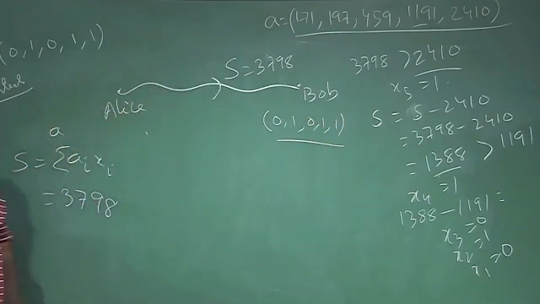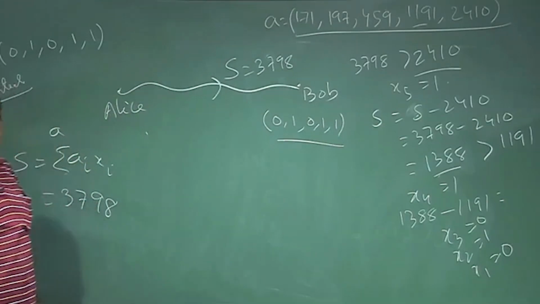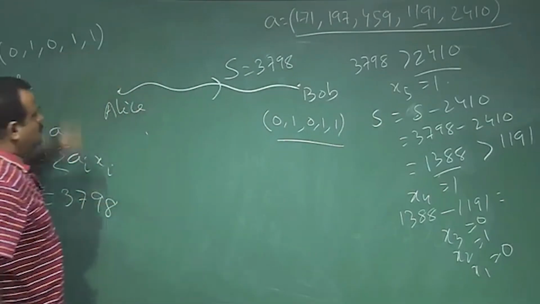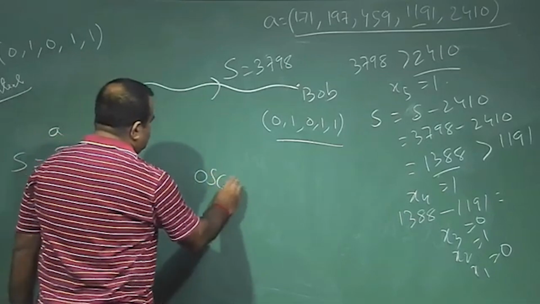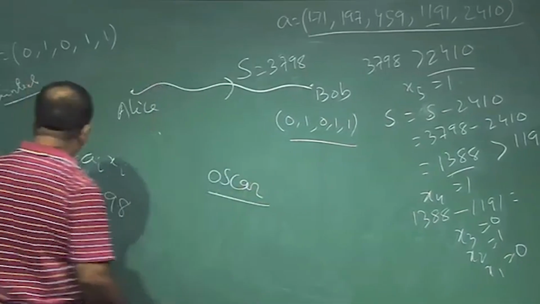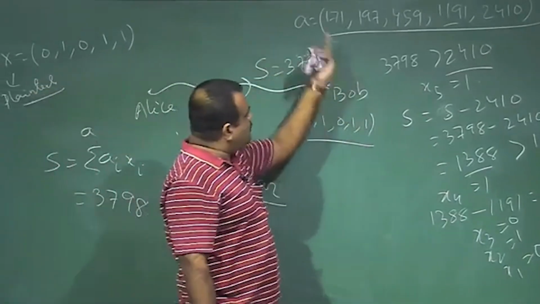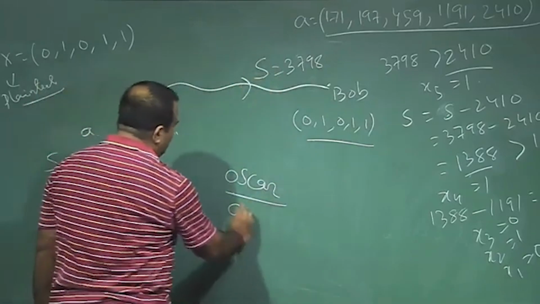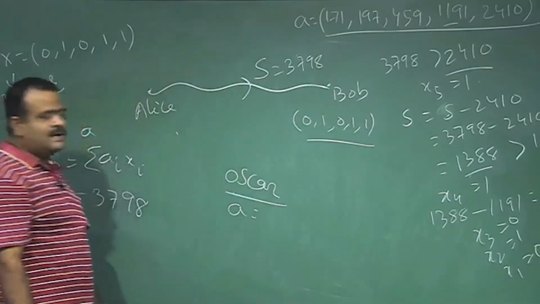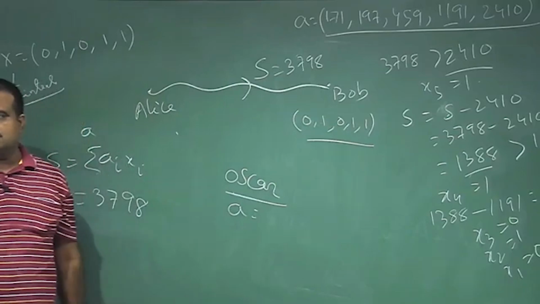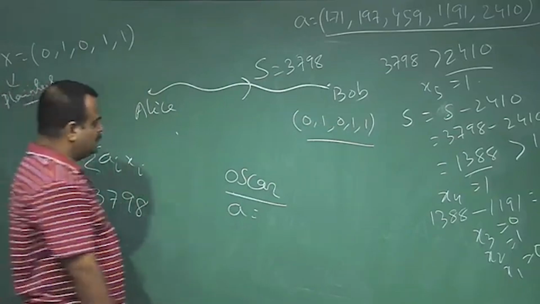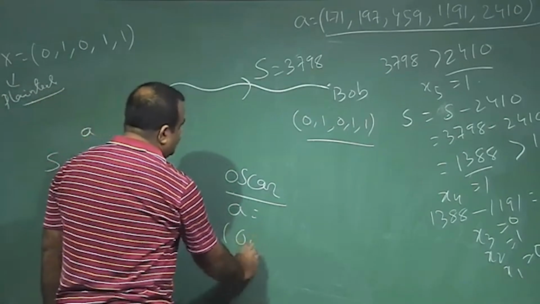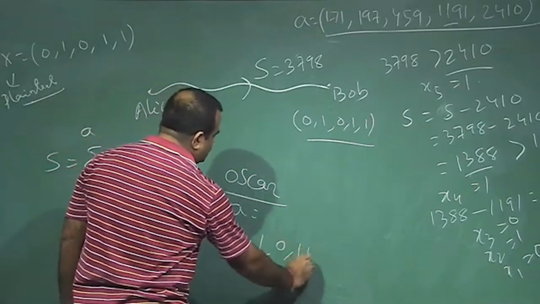Okay. So now this can be achieved by Oscar also, because this is the super increasing sequence and Bob is making it public. So Oscar also knows this super increasing sequence A. So the same algorithm Oscar can also mount, and Oscar can get this x.